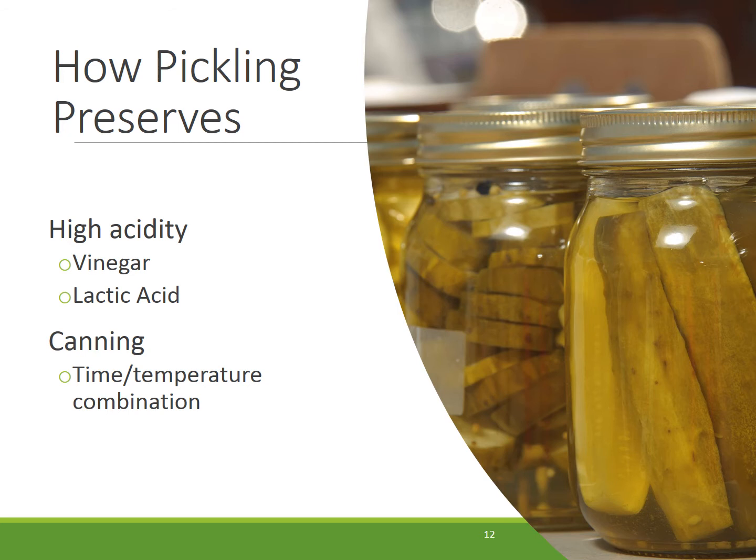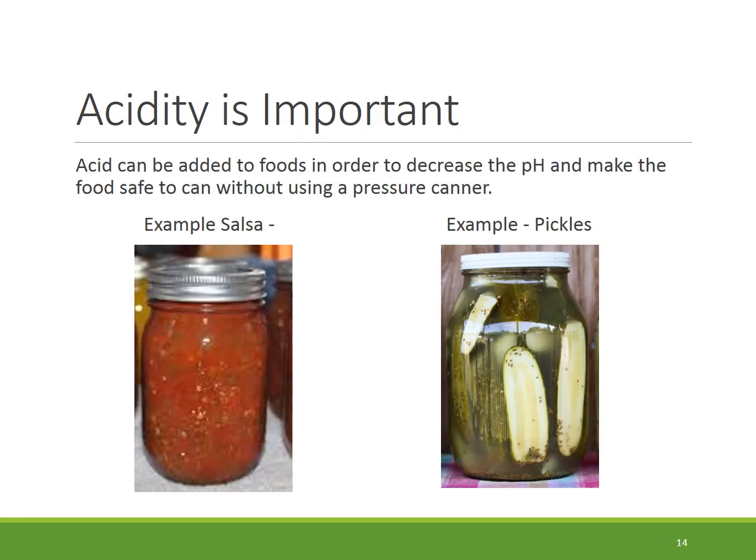To prevent other microorganisms like yeast and molds, pickled products must be processed with heat. The heat is applied in a water bath canner with a specific time-temperature combination to kill microorganisms, seal jars, and preserve for later consumption. One way to make a potentially risky food safe is to add acid to the formulation in order to decrease the pH.